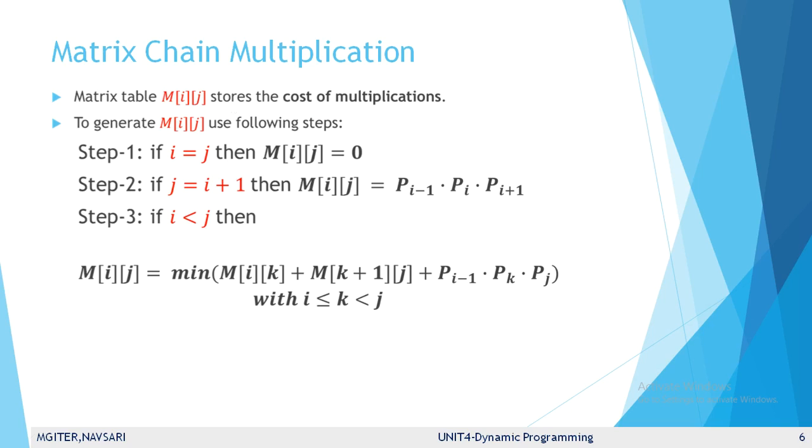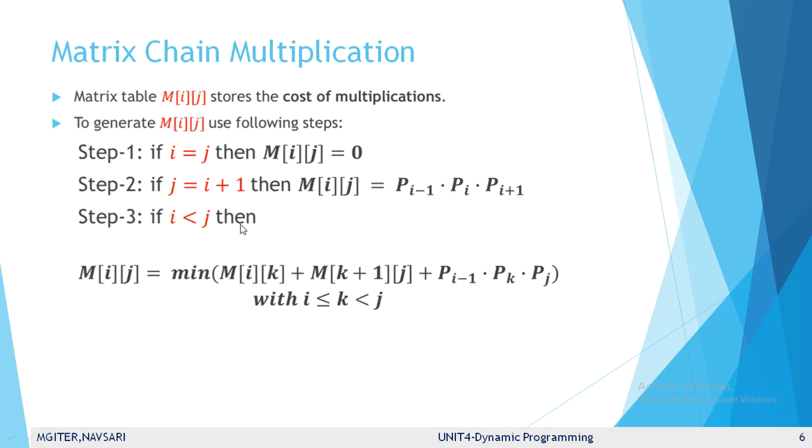For that we have a number of steps. The first step: if i equals j, then M of ij becomes 0. If j is equal to i plus 1, then M of ij, that is the matrix table of ij, is equal to P of i minus 1 dot P of i dot P of i plus 1.